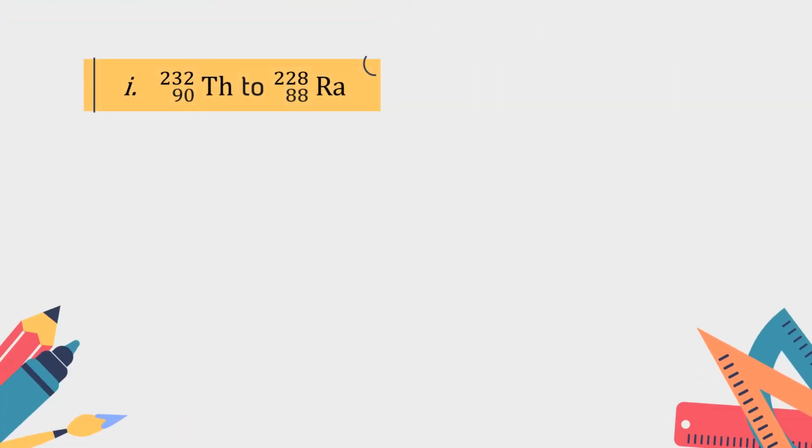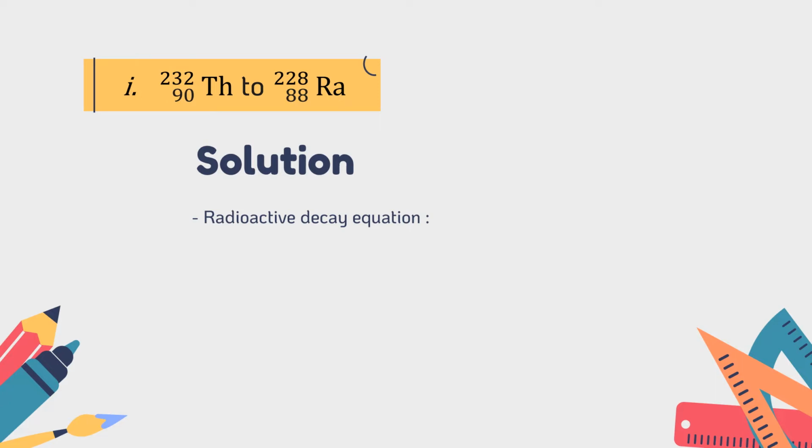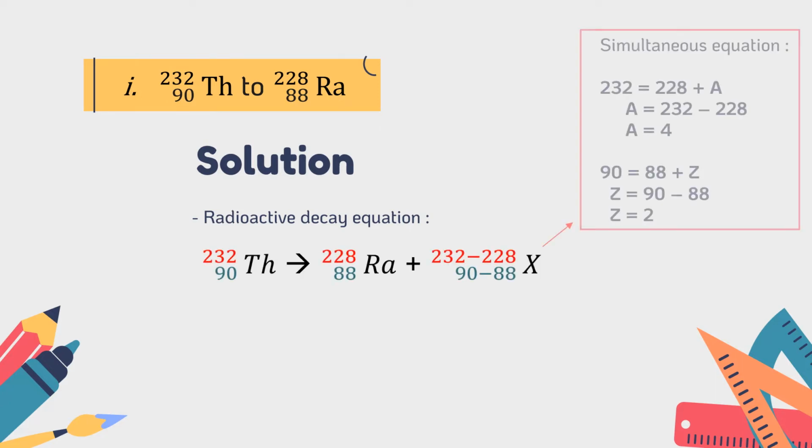Let us see number 1 first, which is the decay of thorium-232 into radium-228. The solution is, by using radioactive decay equations, we will see this equation.